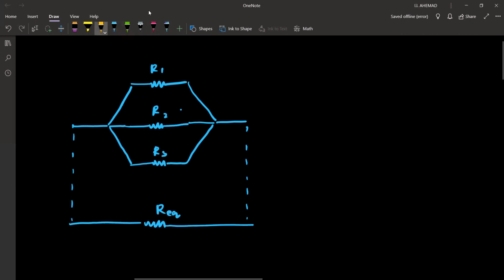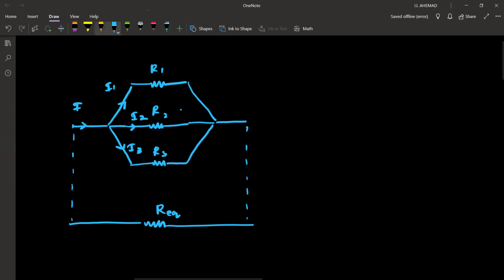Here, if we supply the current I, this time the current will divide into I1, I2, and I3.